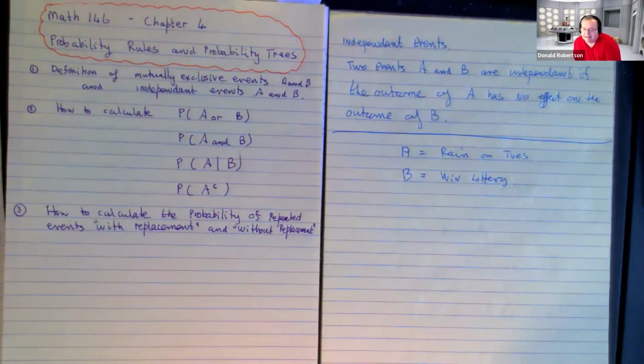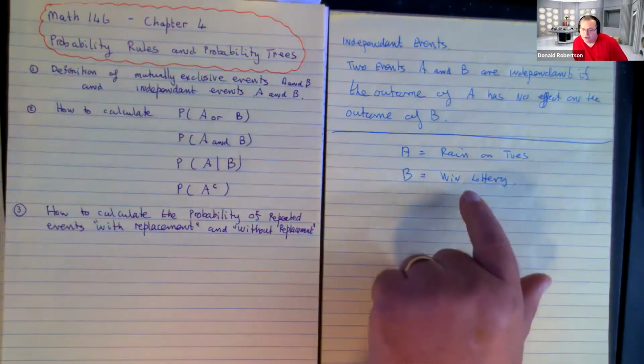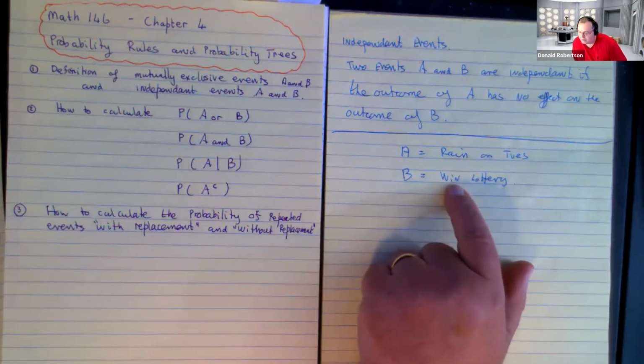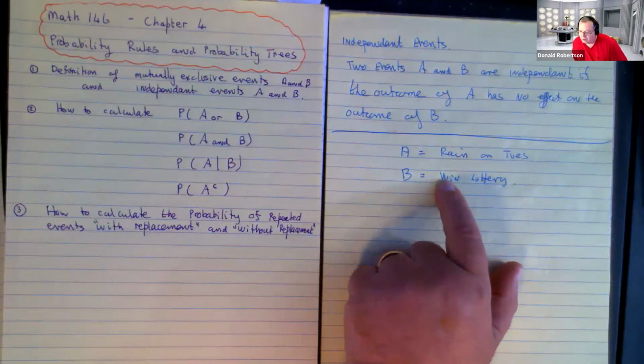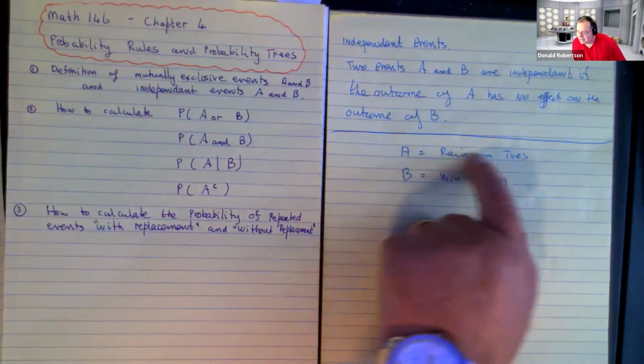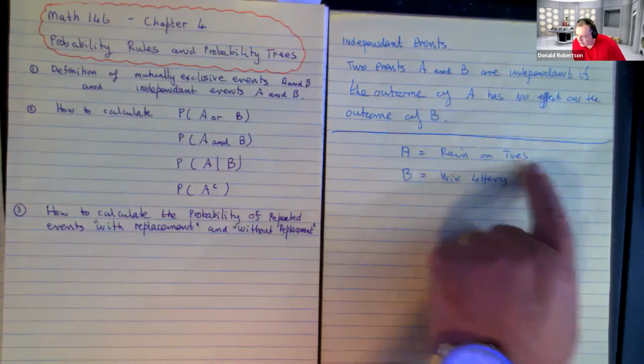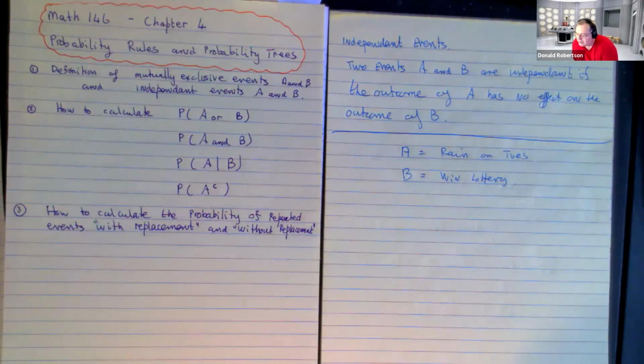Would you agree that if it rains tomorrow, the chances that I win the lottery are exactly unchanged as if it didn't rain tomorrow? Would you agree raining has no effect on me winning or losing the lottery? Would you also agree the other way around it's true, right? Me winning the lottery today won't make it rain tomorrow any more or less than it was going to rain tomorrow anyway, right?